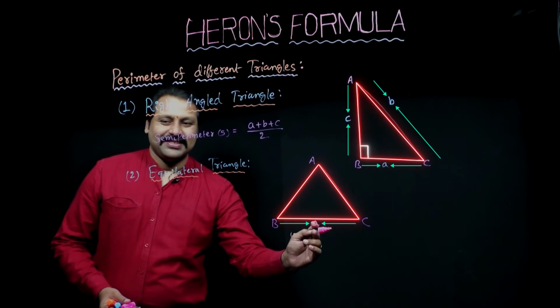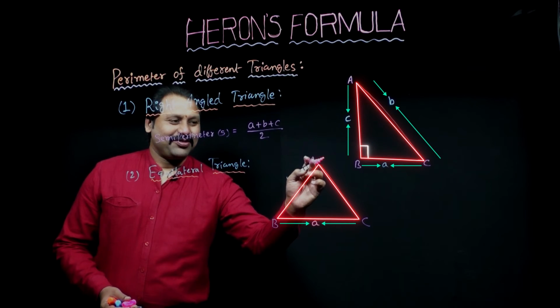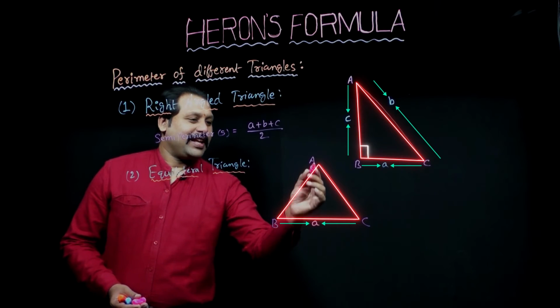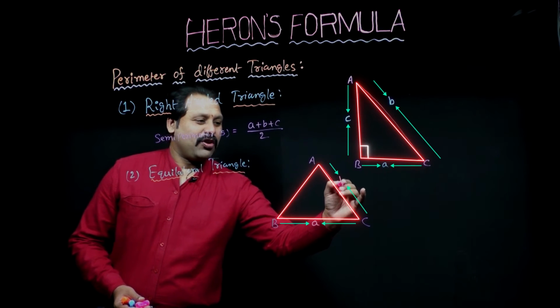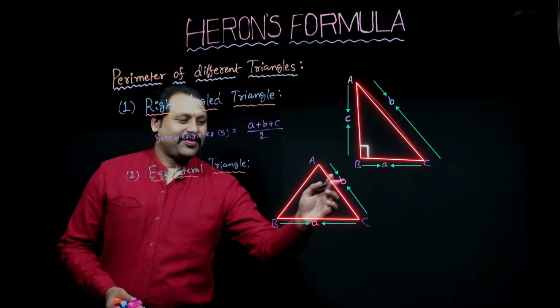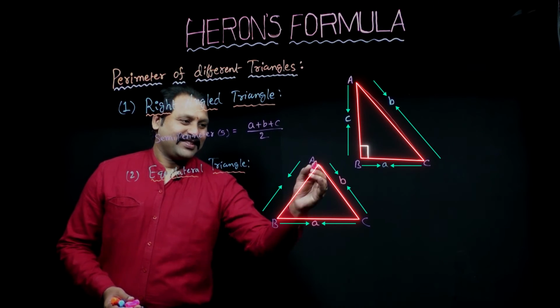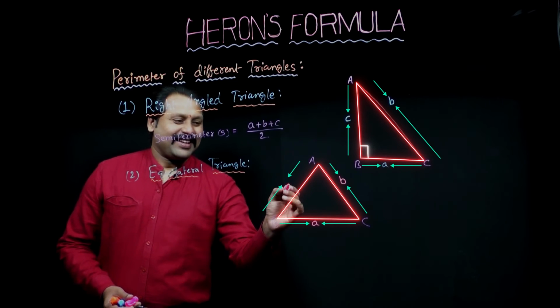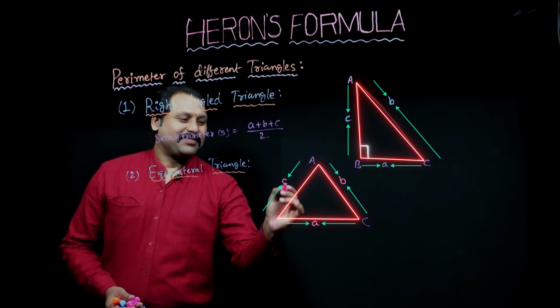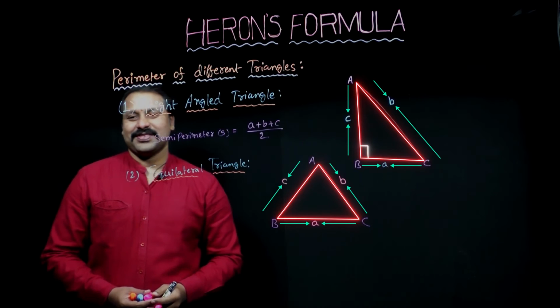Why? Because this is opposite to the vertex A. The length of AC is small b because it is opposite vertex B. The length of AB is small c because it is opposite vertex C.